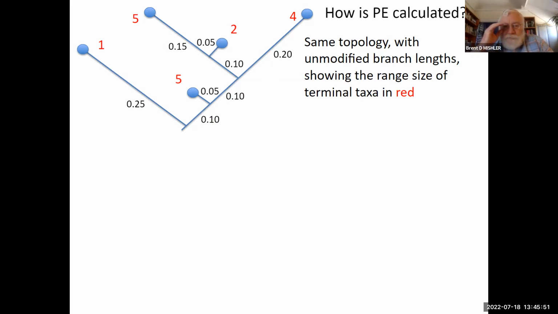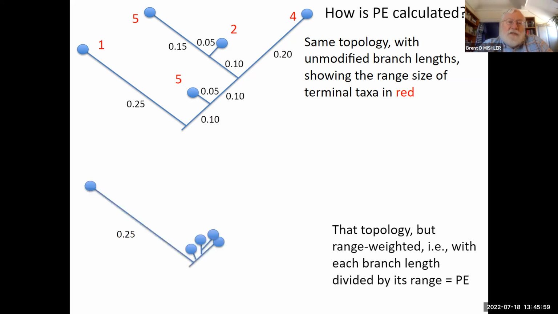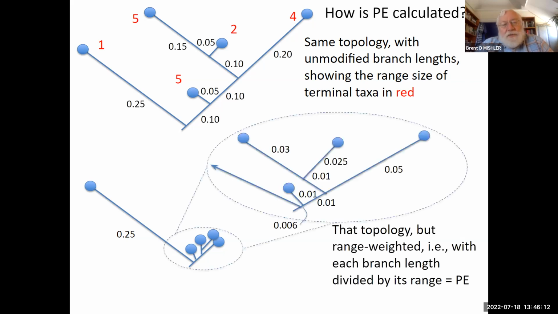So if we take that tree and we divide each branch by its range, then hit the next click, Israel. It gives you a tree that would look about like this, where the really rare branch 0.25 has kept its branch length, been divided by 1, but the rest of them have been shortened. Hit the next click, Israel. That sort of blows up that part of the tree.